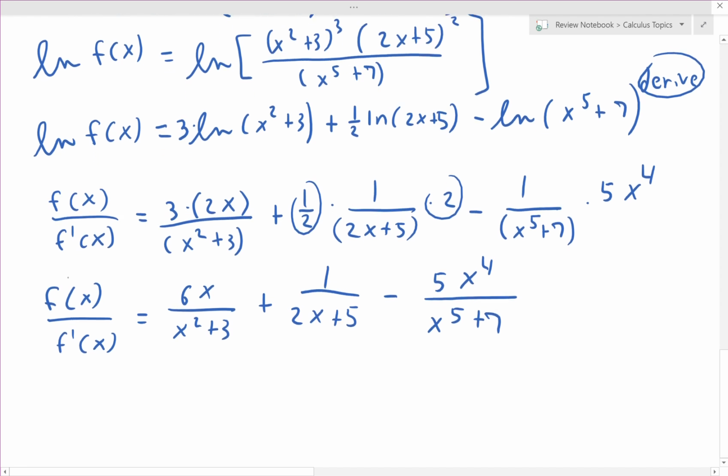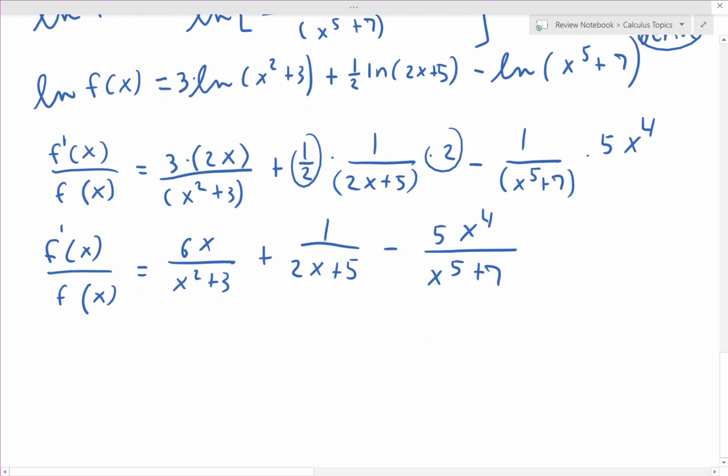So, sorry here, this is the derivative over the function, or else we'd be all wrong. Alright, so now multiplying by the function, we would get the derivative is equal to, in parentheses, this quantity.